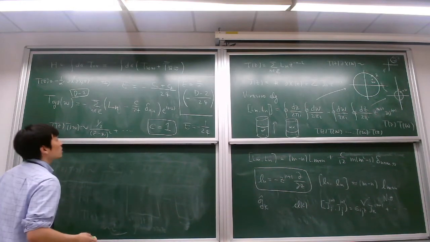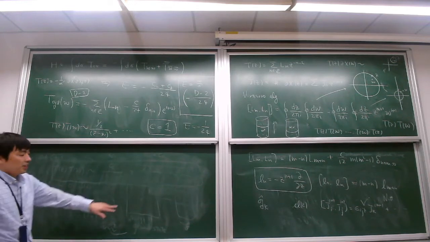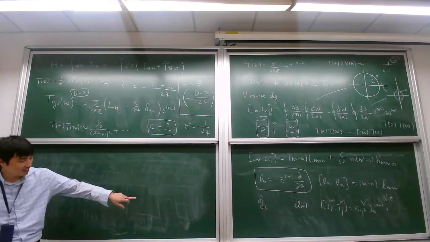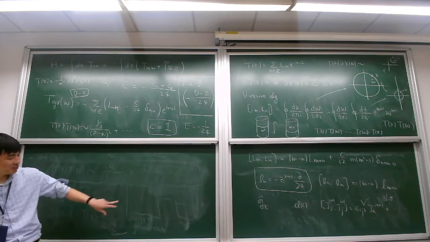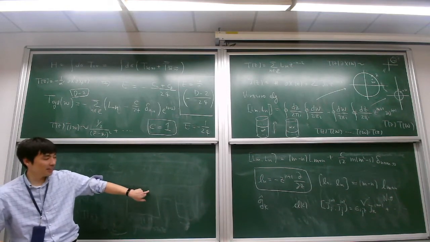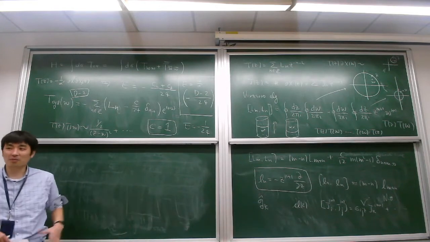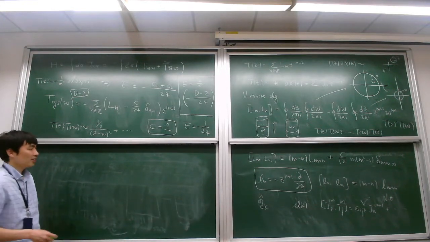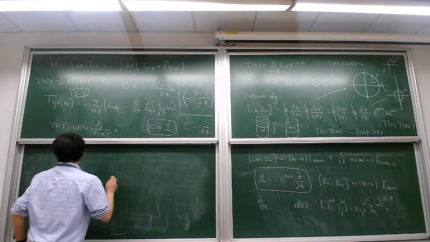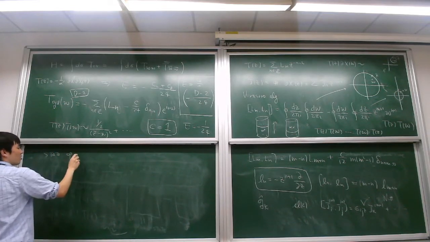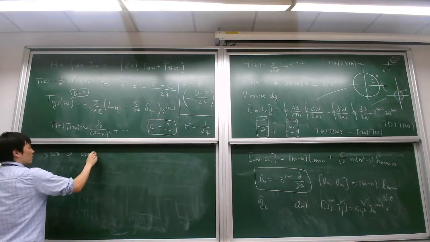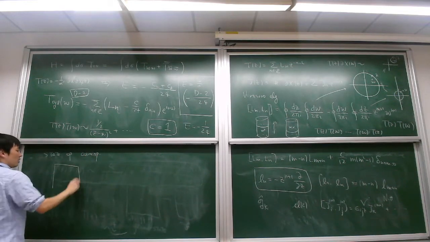So now, here, oh, I already erased. Here we map, so you can barely manage to see this, I just map a plane to a cylinder, and there is a state operator correspondence in the CFT.